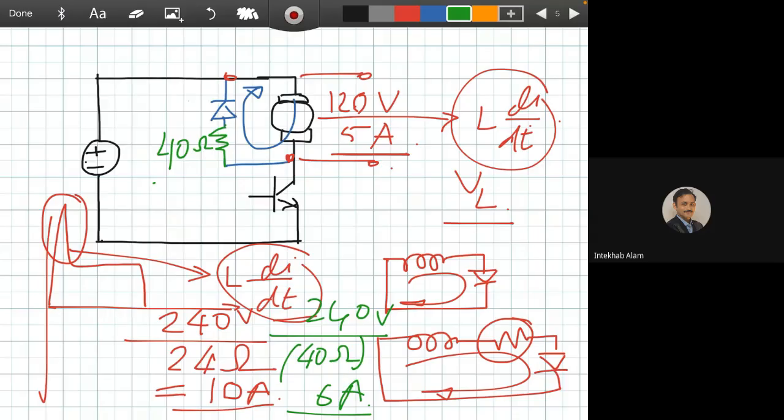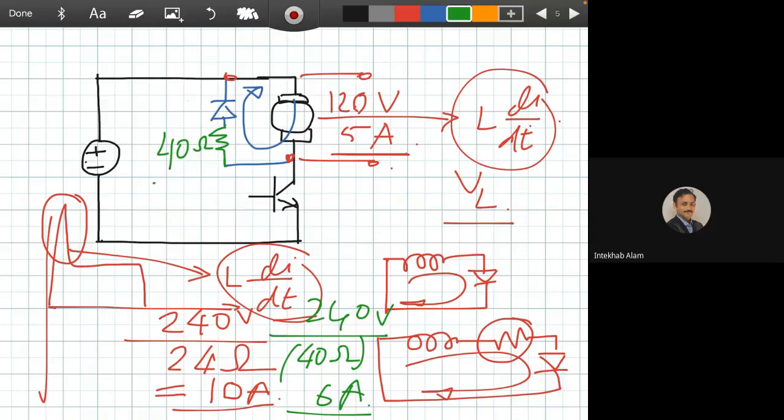So what should be the power rating? 1500? Actually we don't need this, because here the motor is 120 volts and 5 ampere current is flowing, and the surge energy will be very small.